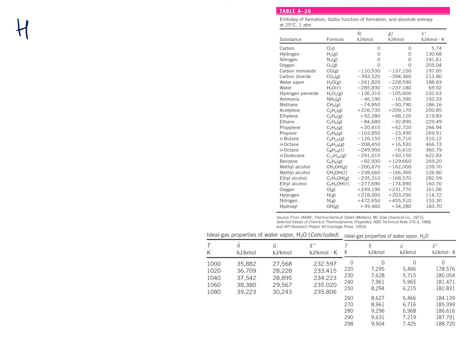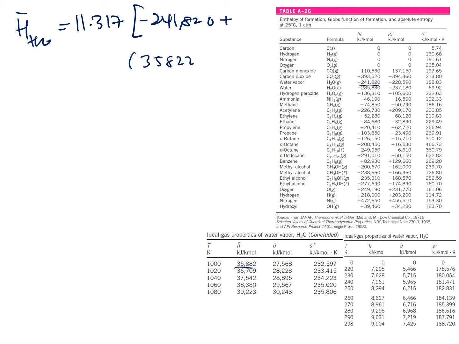Okay, so this is H untuk H2O equal to berapa? 11.317 minus H2O vapor minus 241 820 plus 35882 minus 9904.